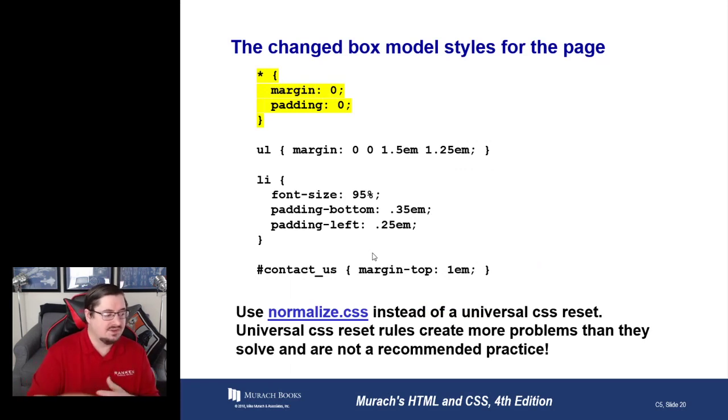Specifically saying this tag, let's do this, that tag, let's do that, rather than saying everything, set margin 0, padding 0, tends to create a lot more problems and a lot more work for us. So using this universal CSS reset is not a recommended practice anymore. It's better to use something much more targeted, and that's where normalized CSS comes in.